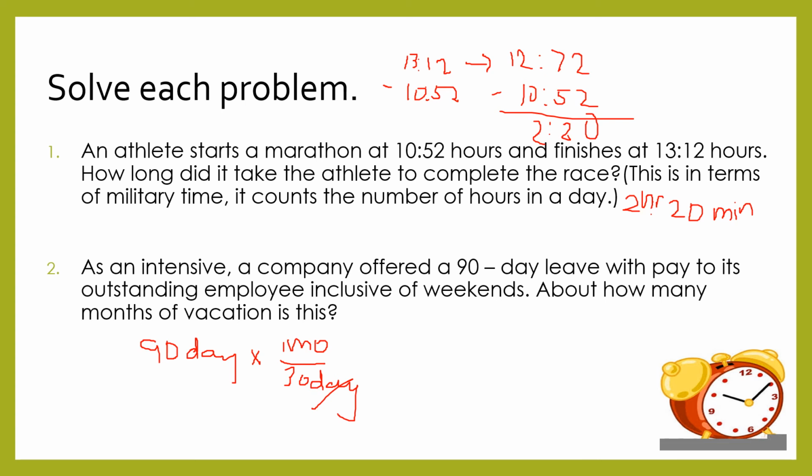Okay, cancel yung day. Then cancel yung 0. 9 divided by 3 is 3. So therefore, it's about 3 months. Okay. So 90 days is equivalent to 3 months. All right.